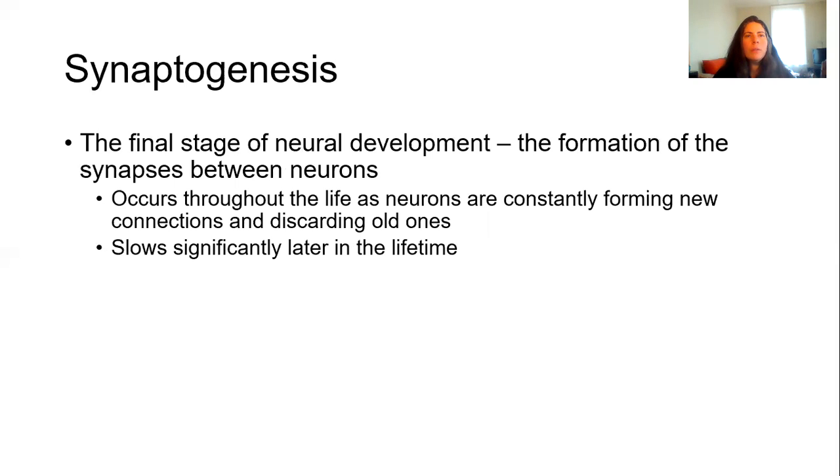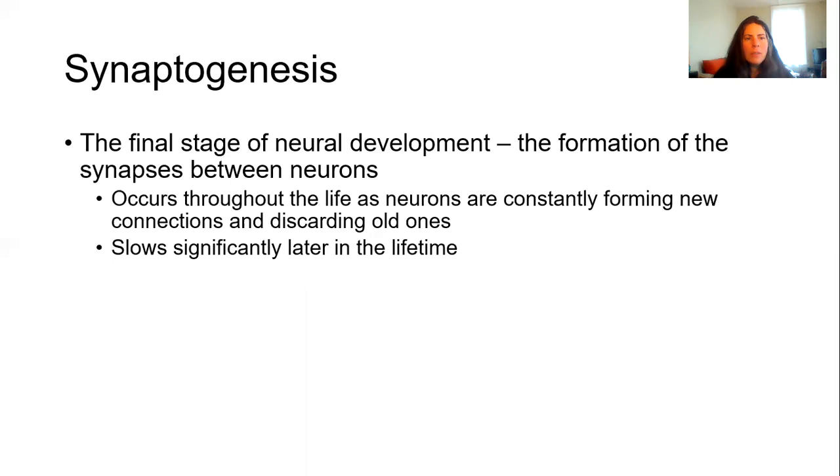Neurons are consistently forming new neural networks. Think about habits or automatic behaviors. Those develop because there is communication between particular neurons. They form networks and these synaptic connections.